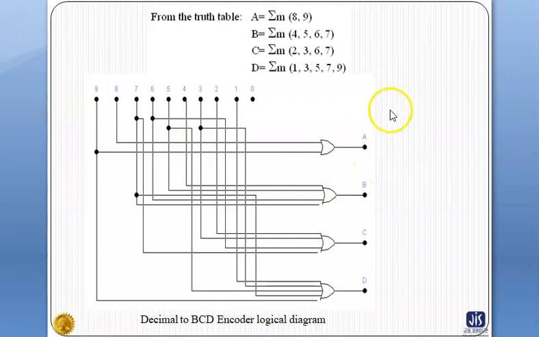We will get 4 outputs A, B, C, D, that is the BCD output. This is the decimal to BCD encoder logic diagram.